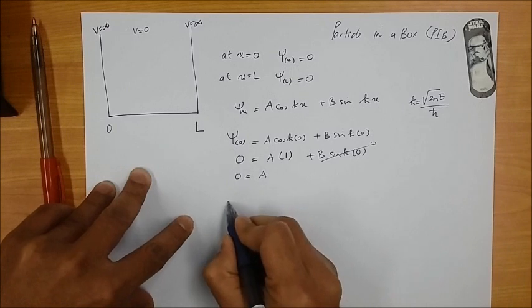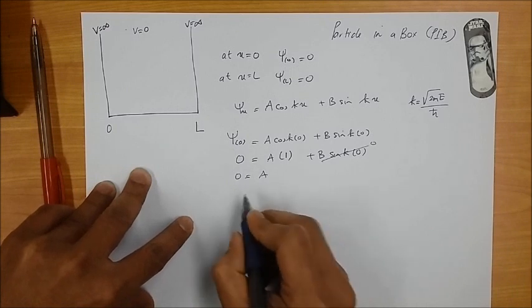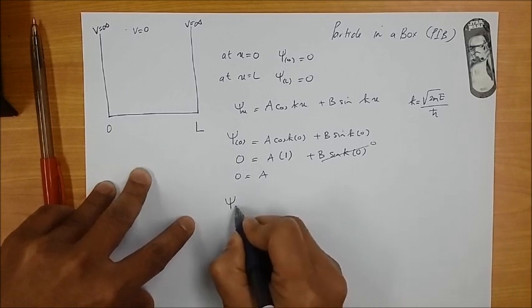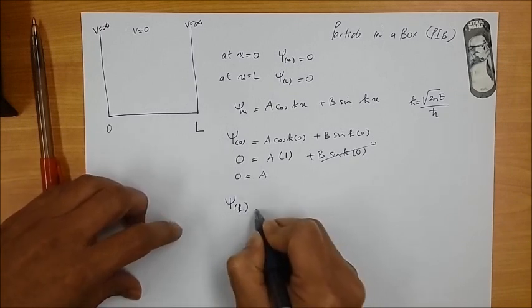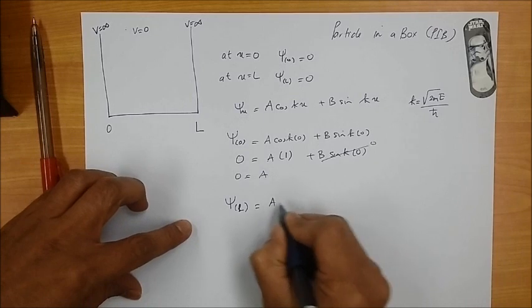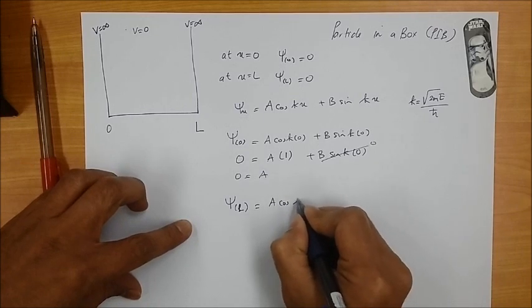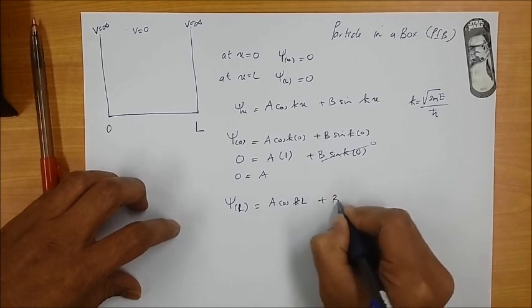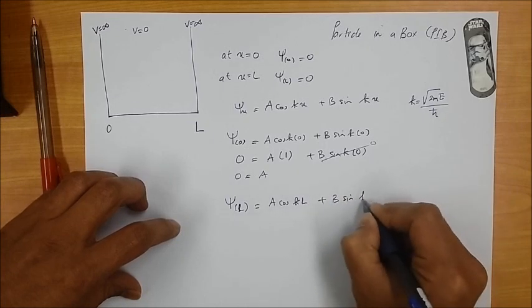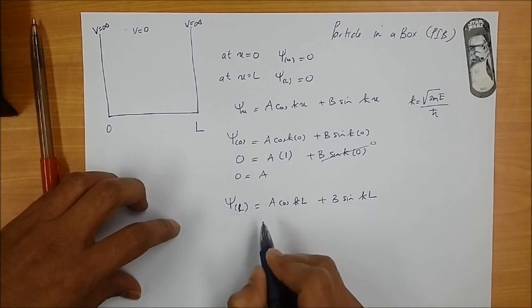Okay, so now how about L? So psi at x equals L is A cos kL plus B sin kL, right?